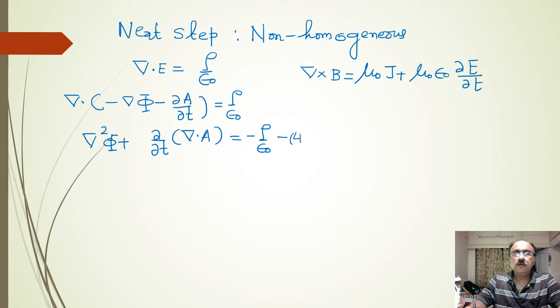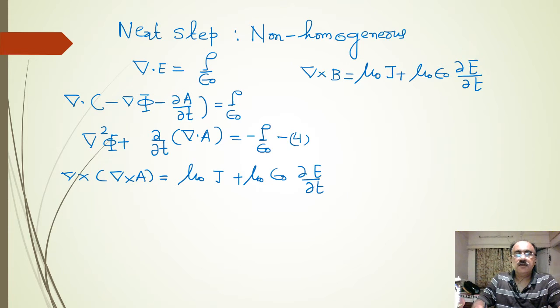And here what we'll have to do, this equation curl of B equal to mu 0 J, we put B as curl of A. So curl of curl of A is equal to mu 0 into J plus mu 0 into epsilon 0 del E upon del t.